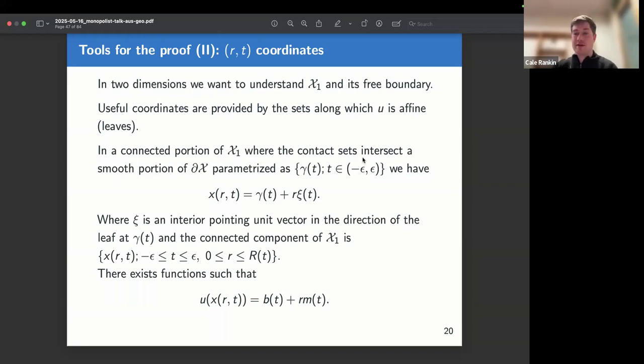Now, what we've just said is that those line segments along which you're affine extend to the boundary. So I'm going to be able to use these line segments and their intersection point with the boundary as new coordinates for this problem. And it turns out in these new coordinates, you can obtain Euler-Lagrange equations, which previously we didn't know in this region.